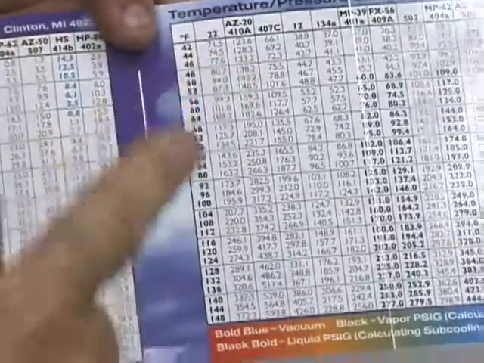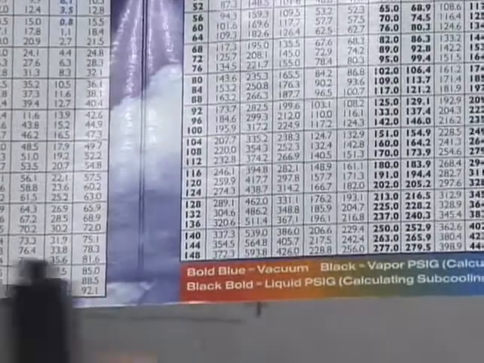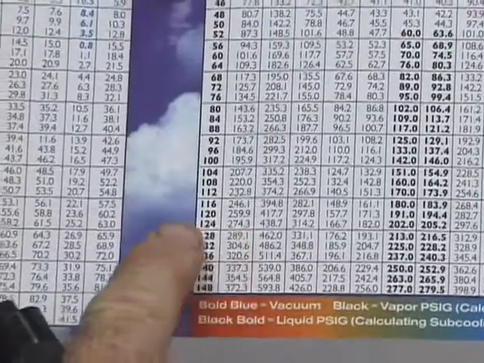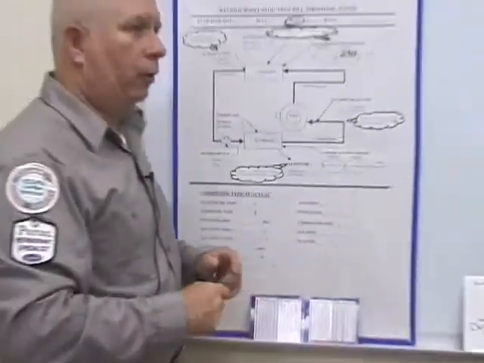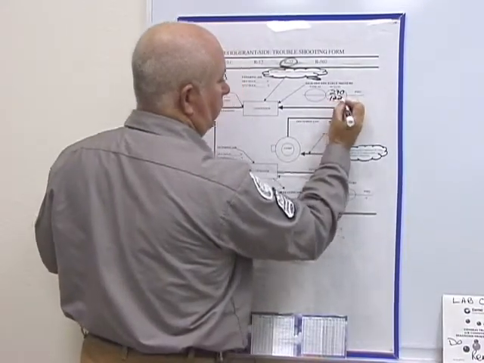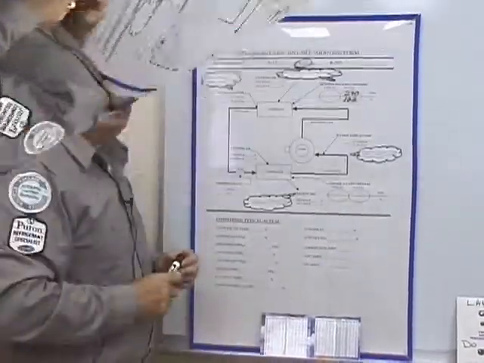You look under R22, and all these cards are a little bit different, so just find R22, scan down, and find whatever is closest to 270 psig. In this case, it looks like 274, and it's between 120 and 124 degrees. So that 120 and 124, for argument's sake, we'll say it's 122. Just try to round it off, make it easy. That's the high side.